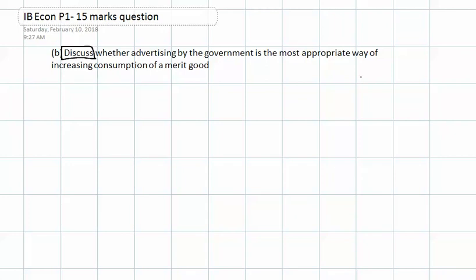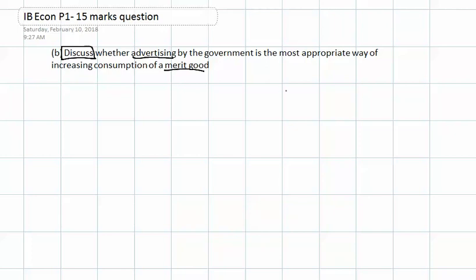In this case, he wants you to discuss whether advertising by the government is the most appropriate way of increasing consumption of a merit good. So he wants you to identify the policies for solving the externality of merit goods. The keywords here are merit goods, government intervention, and in this case advertising as the way of government intervention.